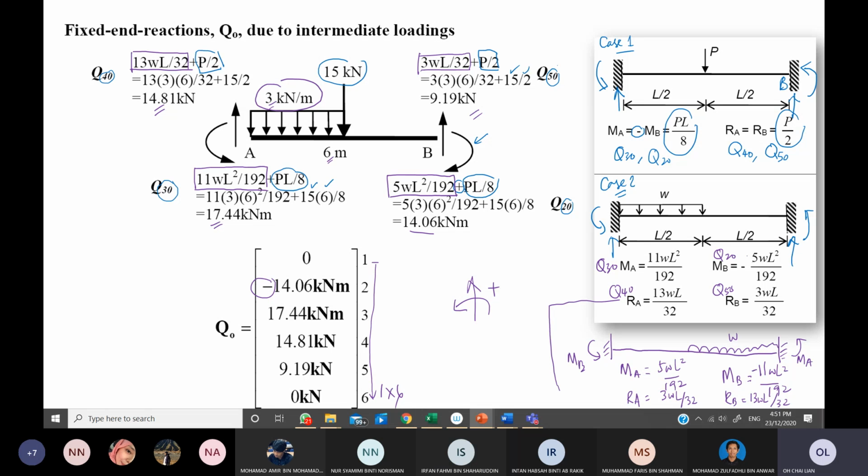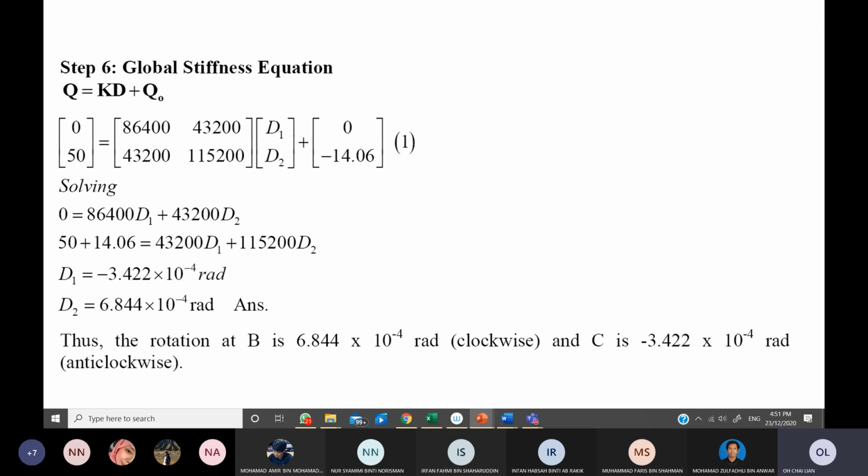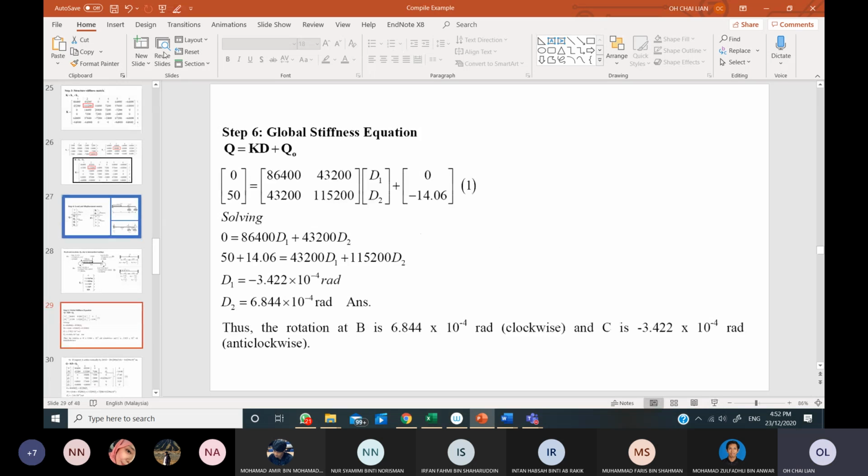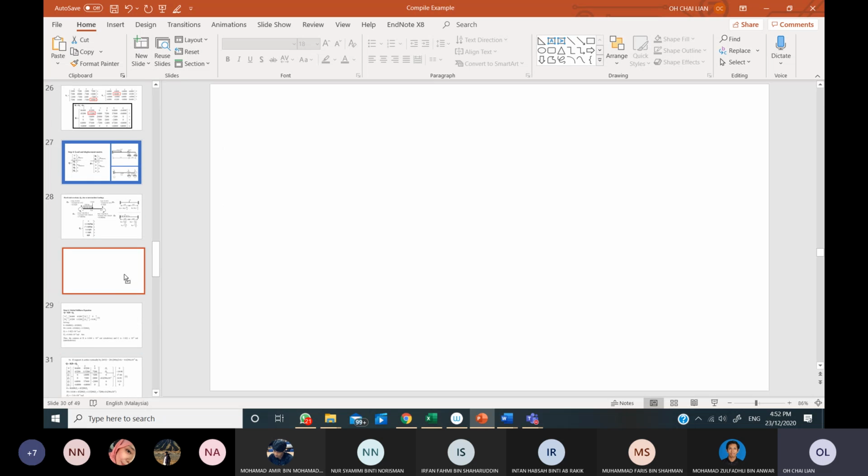Okay, so I will continue putting the global stiffness equation. Now we are into solving it.